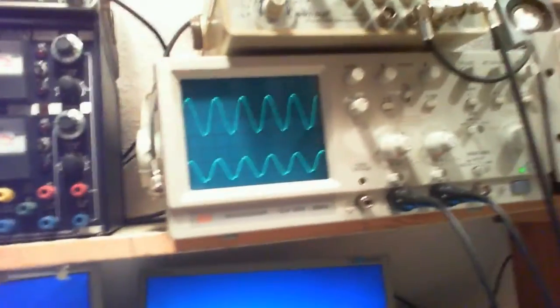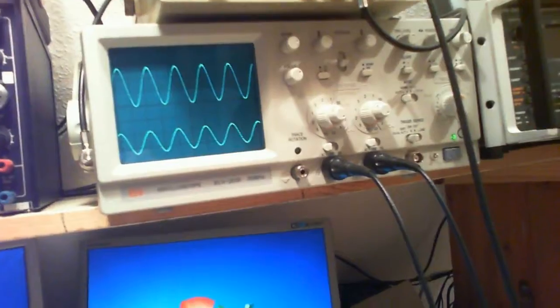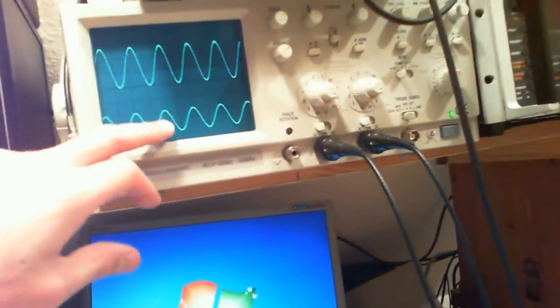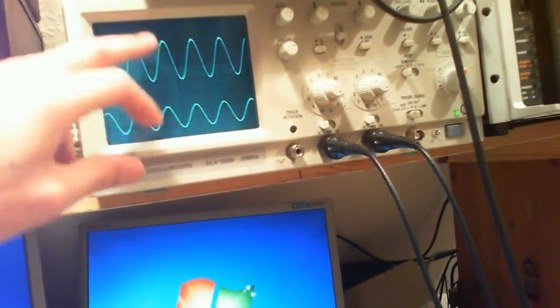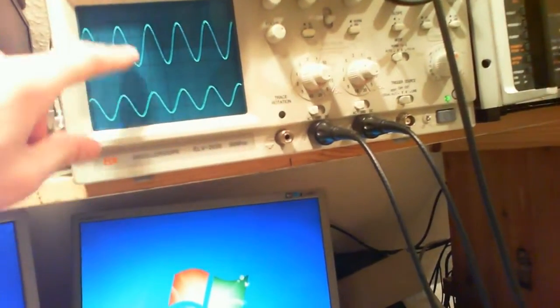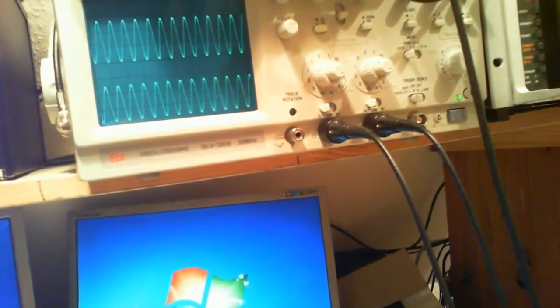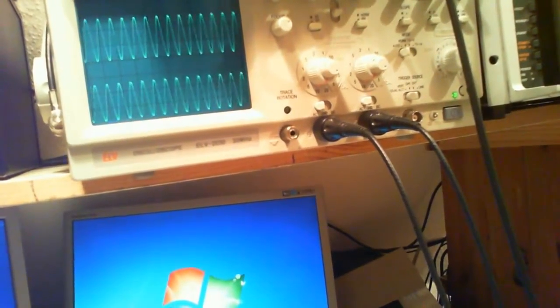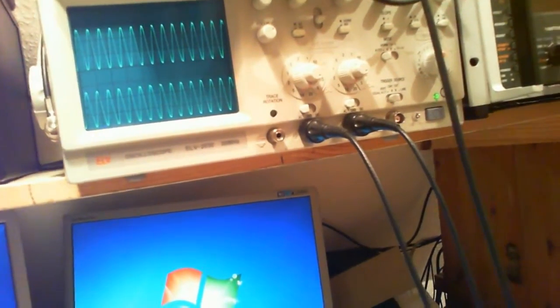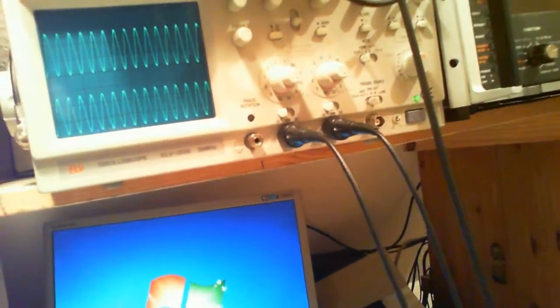Now at 10 kilohertz, my output is considerably smaller, around half my input.